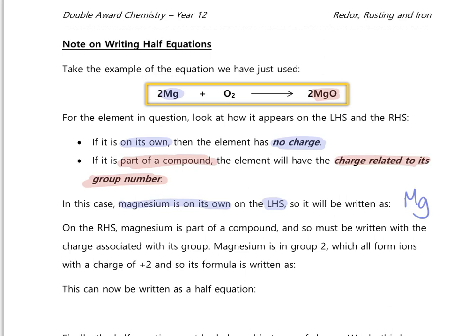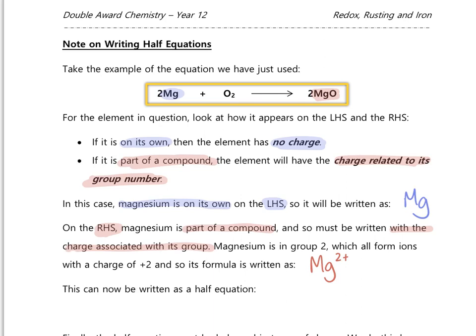On the right hand side, however, magnesium is part of a compound, and so it must be written as an ion with the charge associated with this group. Look at your periodic table, you can see that magnesium is in group 2, which all form ions with a charge of +2. But remember, when we're writing the formula, the number of the charge comes first. So it's written as Mg2+. So rather than writing +2, you write Mg2+.